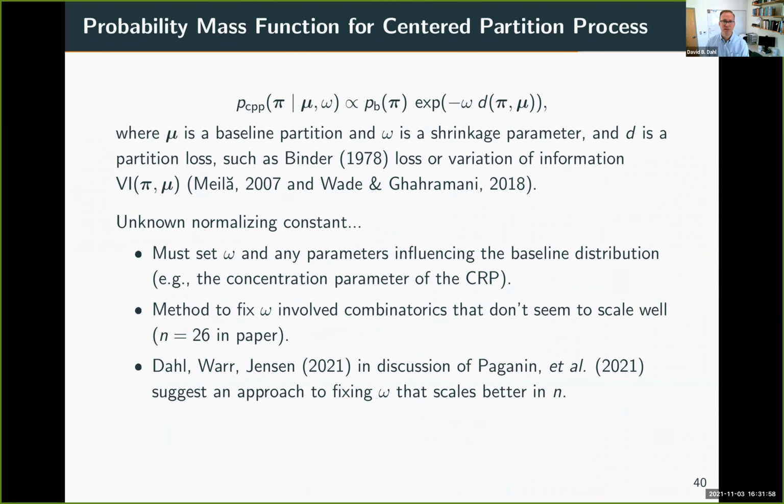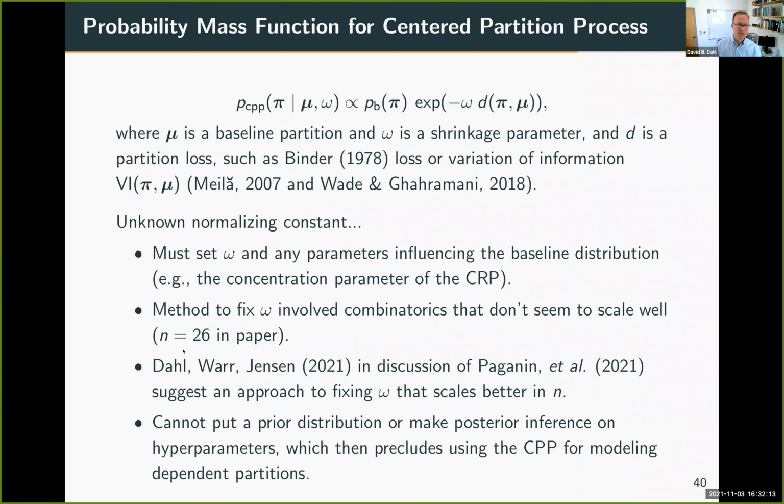That's not the case for the centered partition process, the CPP. The combinatorics are such that getting the normalizing constant is very tricky and will be impossible as the sample size n increases. And so what to do? Well, we can't put a prior distribution on hyperparameters. We can't put a prior distribution on the shrinkage parameter, for example.